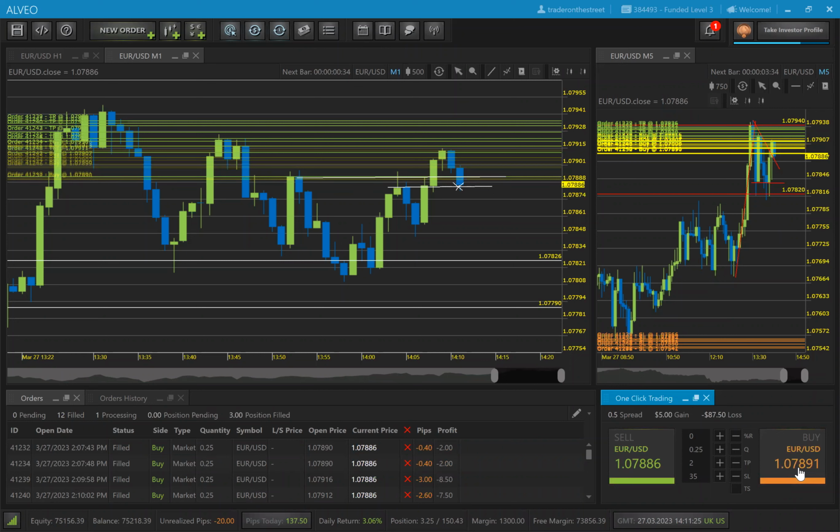Pattern's starting to break down just a little bit. 30 seconds left, so a lot of time for the market to stage a little rally.